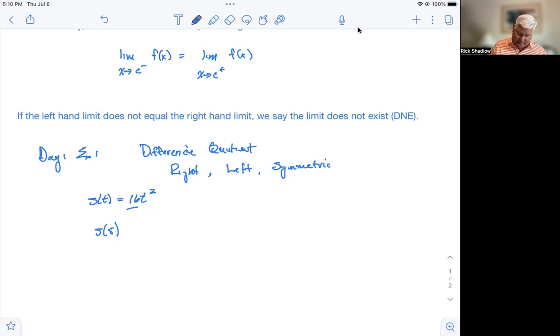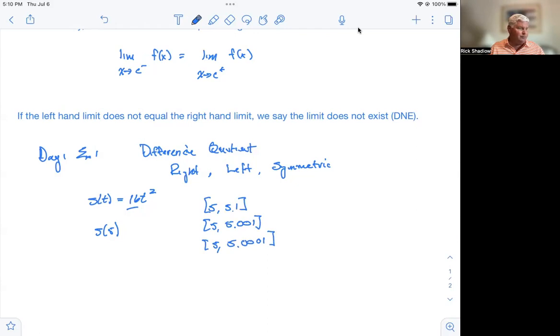So I first picked an interval from 5 to 5.1, then an interval from 5 to 5.001, and a 5 to 5.0001, just a 10,000th of a second past 5.